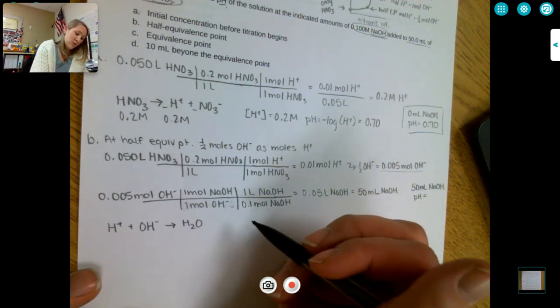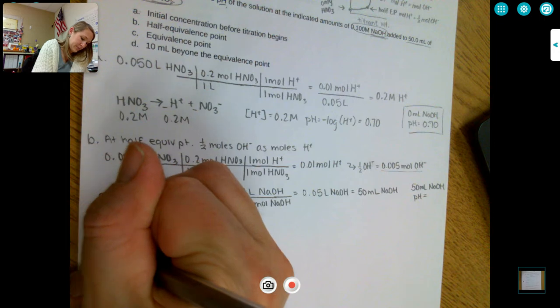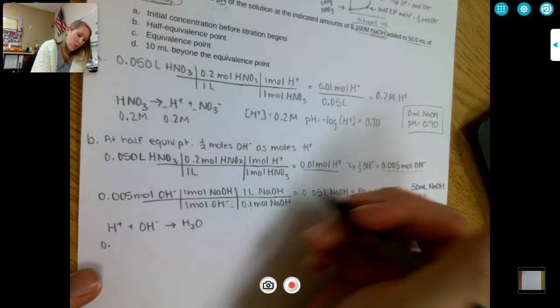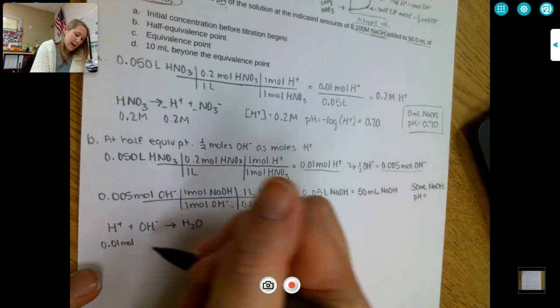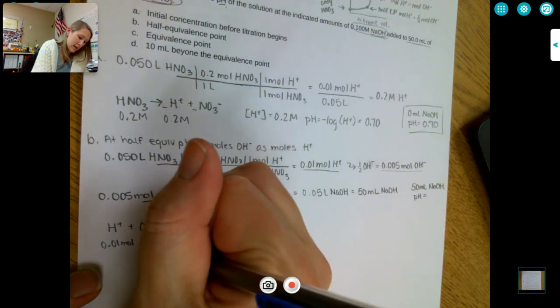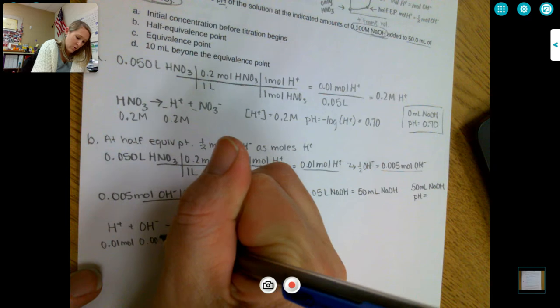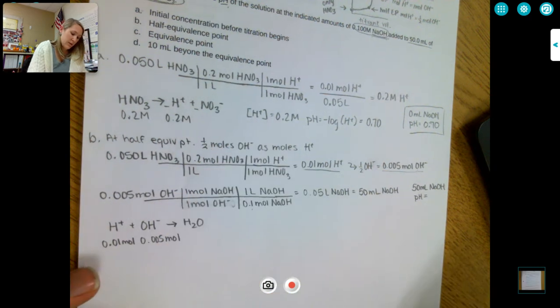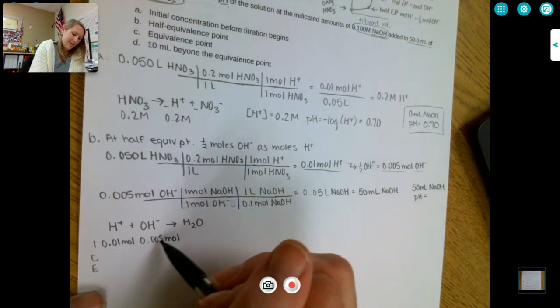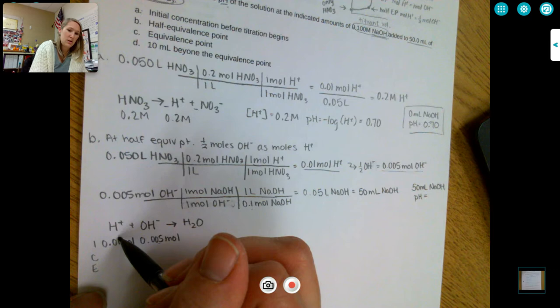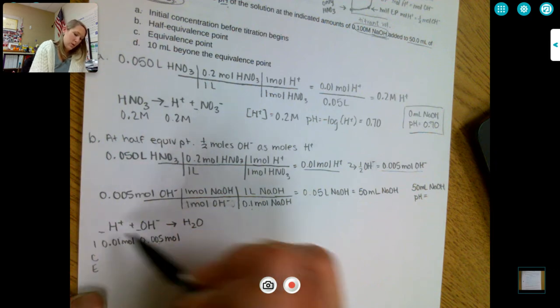I said at my half equivalence point, I have 0.01 moles of hydrogen ions, and I have half as many moles of hydroxide ions, 0.005 moles of hydroxide ions. Well, these hydroxide ions are going to react with my hydrogen ions in a 1-to-1 ratio.